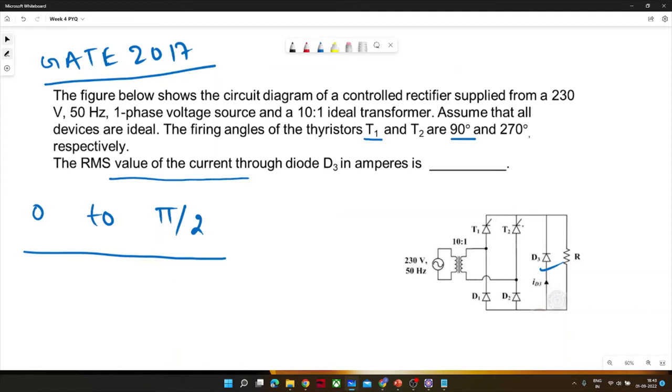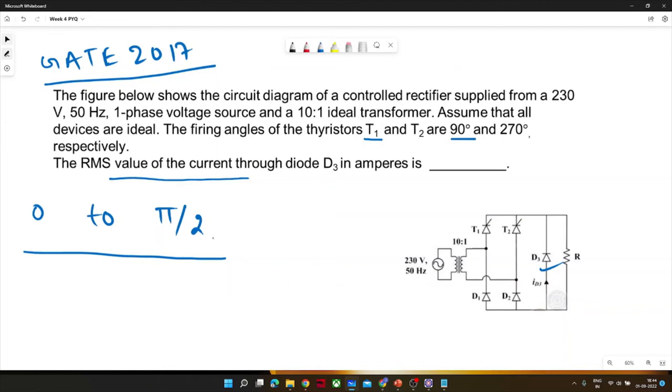In a general scenario, what happens if both would be thyristors or diodes? Let's say diodes to make it easy. From 0 to pi by 2, T1 and D2 would have conducted, right? But here T1 has the firing angle of 90 degrees, so it cannot conduct. I think you are getting confused with that.